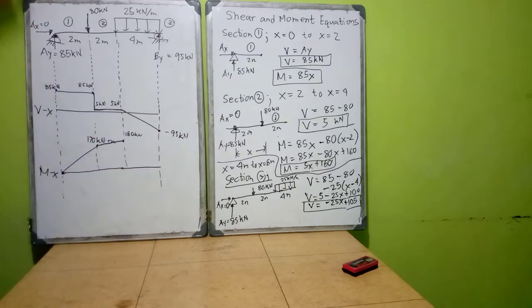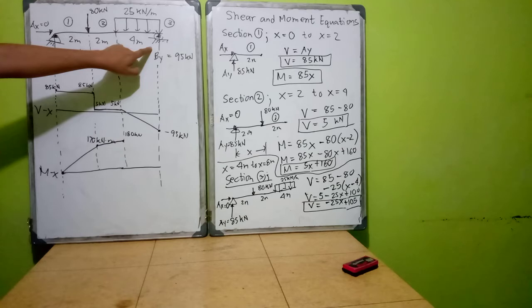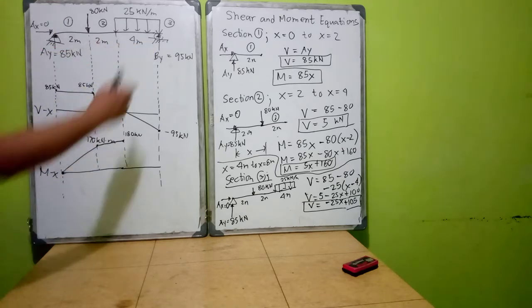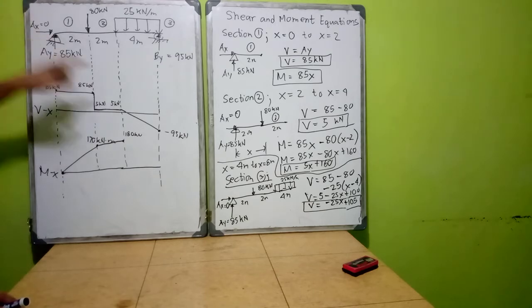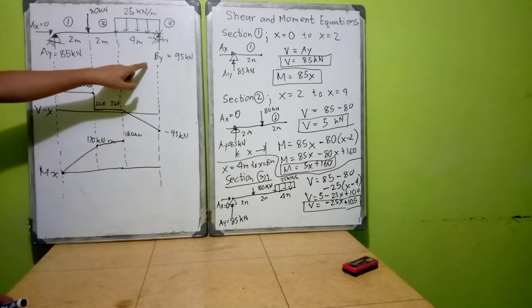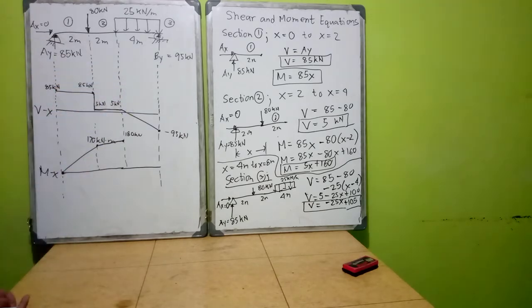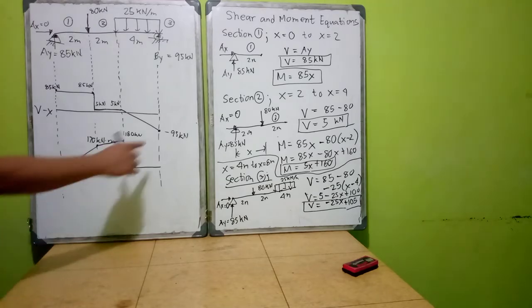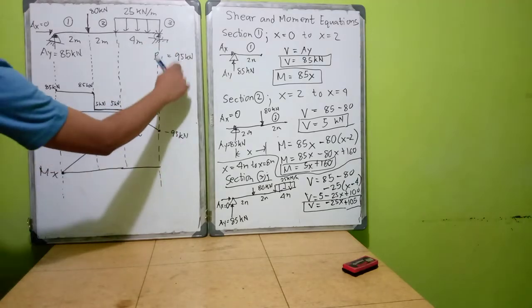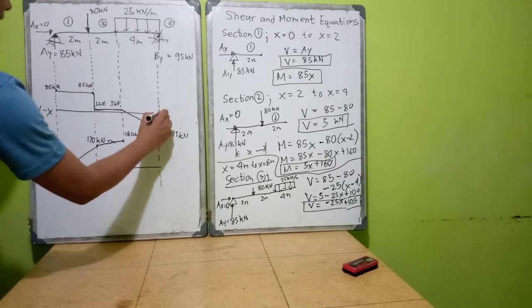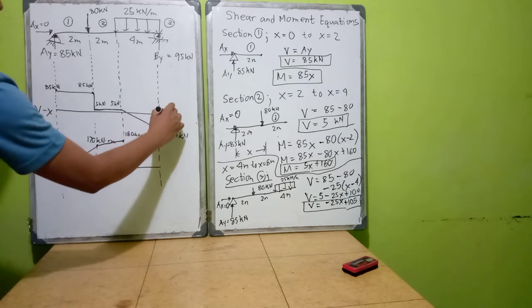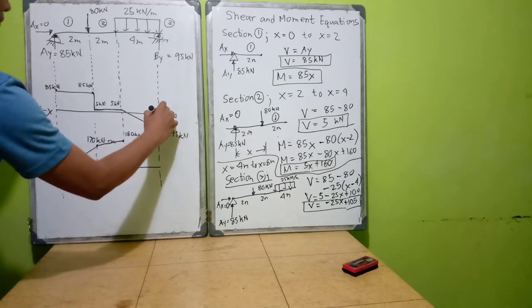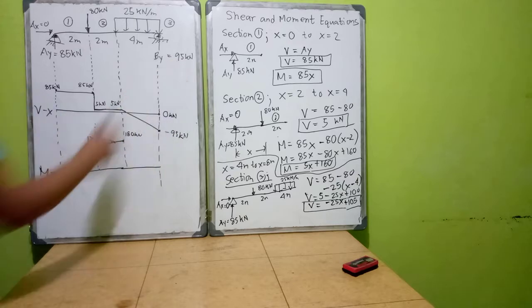And since the last part, there is a support reaction which is vertical 95 kilonewton, therefore negative 95 plus 95, so your end shear will be 0 kilonewton at this point because there is a vertical 95 kilonewton.